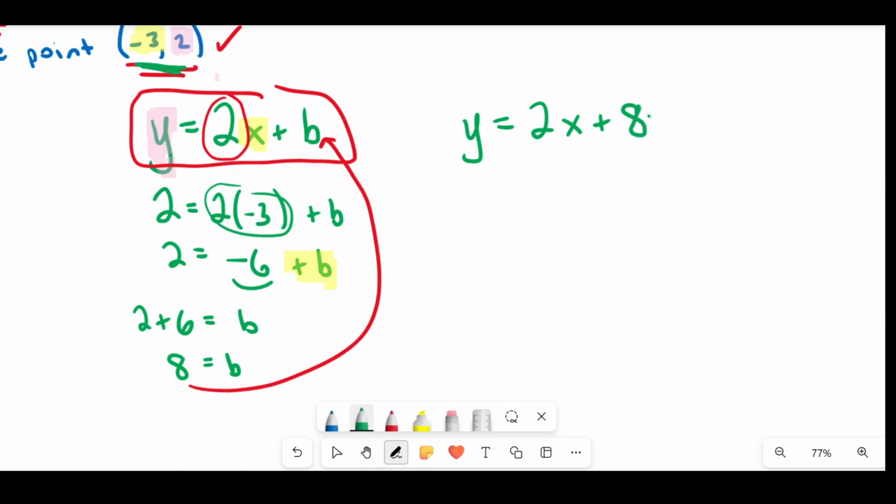And that is the equation of the line, but it's not in proper standard form. It's not in standard form at all. It's in slope-intercept form. So now we're going to rearrange this to be in standard form. So remember, standard form, all of the terms are on the left in this order, x, then y, then the constant. Not allowed to have fractions, and the leading coefficient can't be negative.